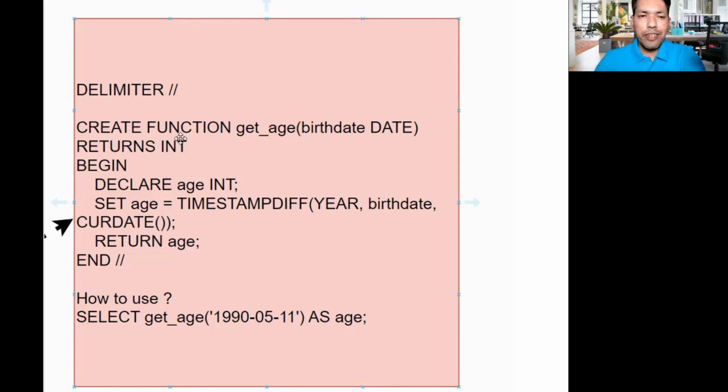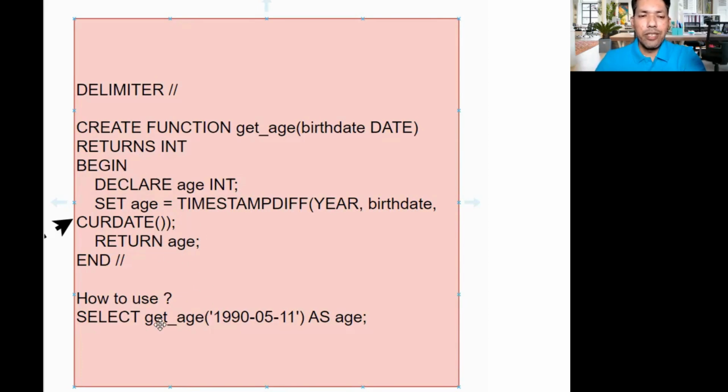Now this function will always return an integer. That's the reason the return data type is specified as integer. Then begin and end are the clauses which will enclose the body. So what is written in the body? We have declared one age variable of data type integer. We are setting the age variable to the difference in years between the passed parameter birth date and the current date, and we will return that age as our return value.